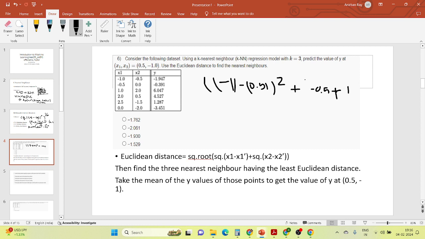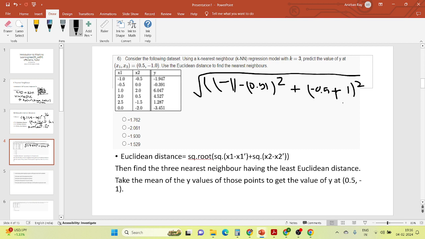It will be plus now, because minus minus is plus, and the square of this, then the square root. Like that you have to calculate the rest of the 5 distances.